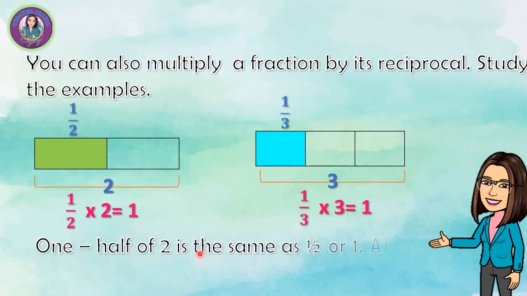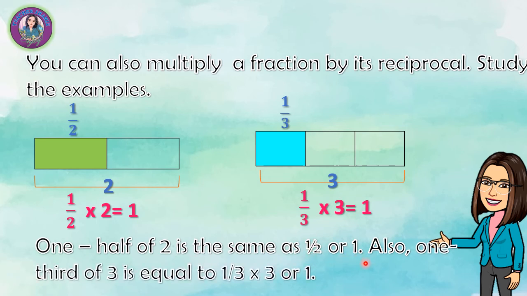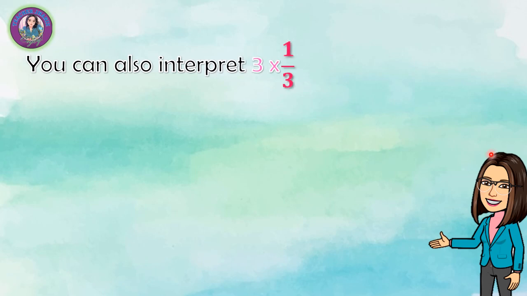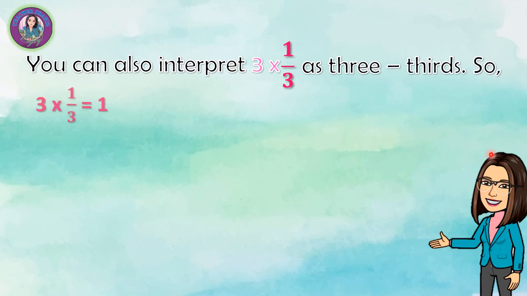So 1/2 of 2 is the same as 1/2 times 2 or 1. Also, 1/3 of 3 is equal to 1/3 times 3 or 1. You can also interpret 3 times 1/3 as 3/3. So 3 times 1/3 is equal to 1.